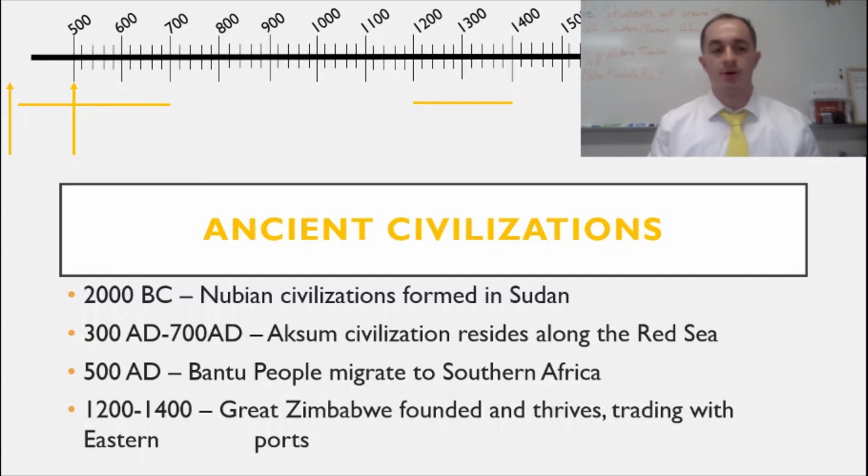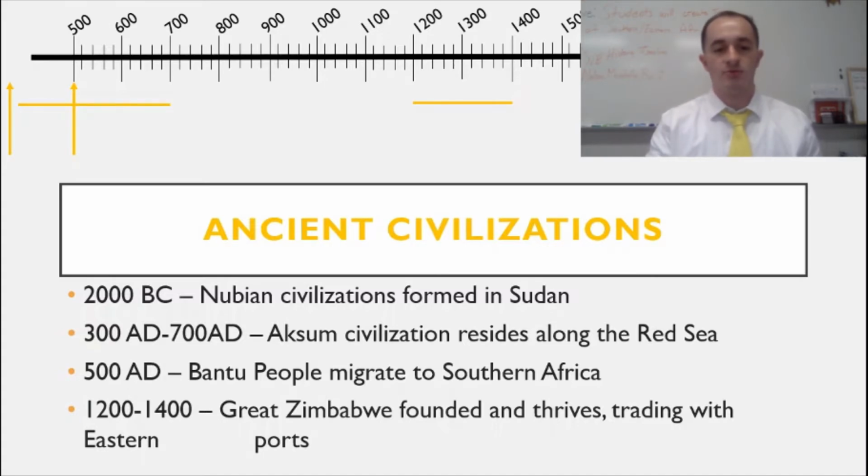Our last thing for this slide, we only have 4 slides, not a whole lot, is Great Zimbabwe. So Great Zimbabwe was founded in around 1200 and then thrived and stayed there for a long period of time, trading with Eastern ports.